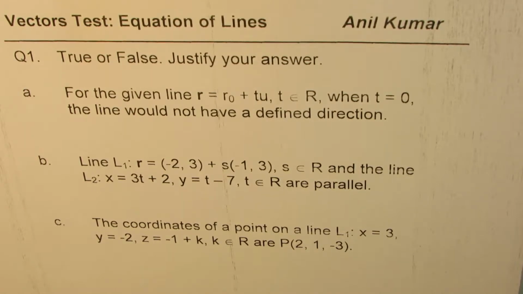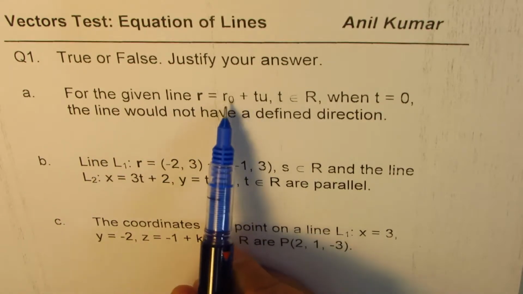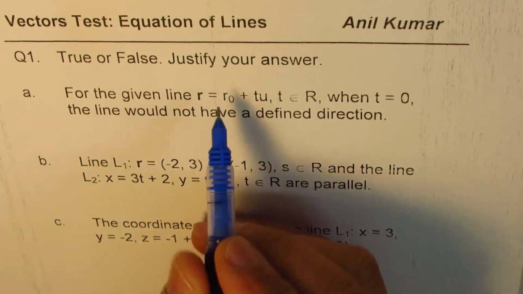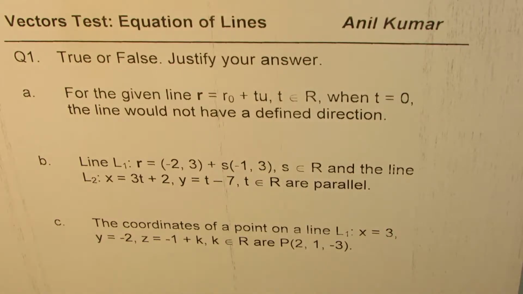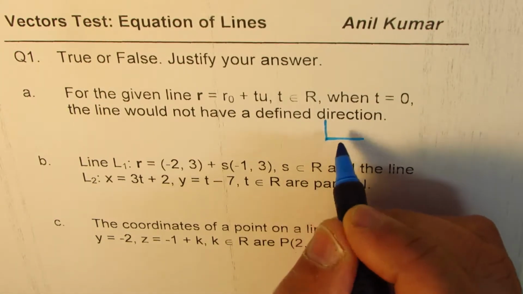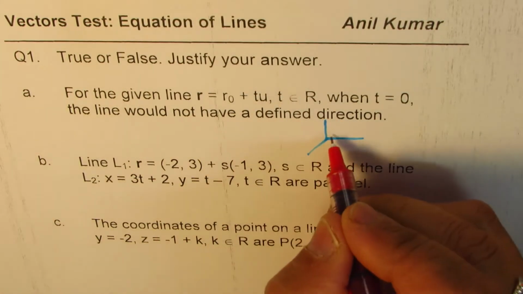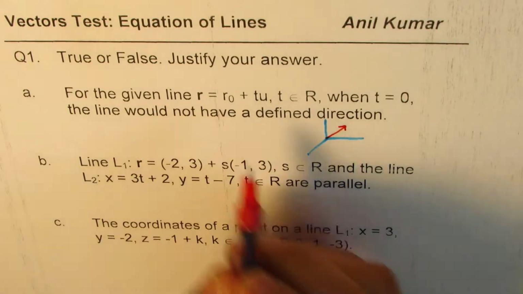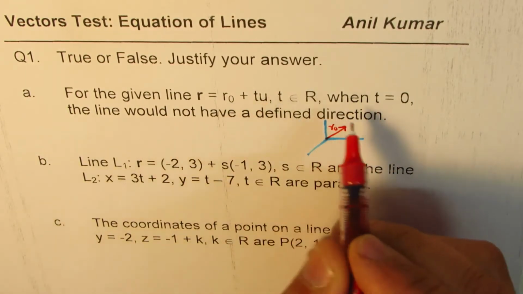You can pause the video, take your time to answer these questions, and then look into my suggestions. Now let's discuss. The very first question is, for the given line r0 plus tu, whenever we are given a line, we know r0 is a point somewhere on the line. So let us say that r0 is this point, so that's the vector r0. Then r0 plus tu, so that's some direction vector.